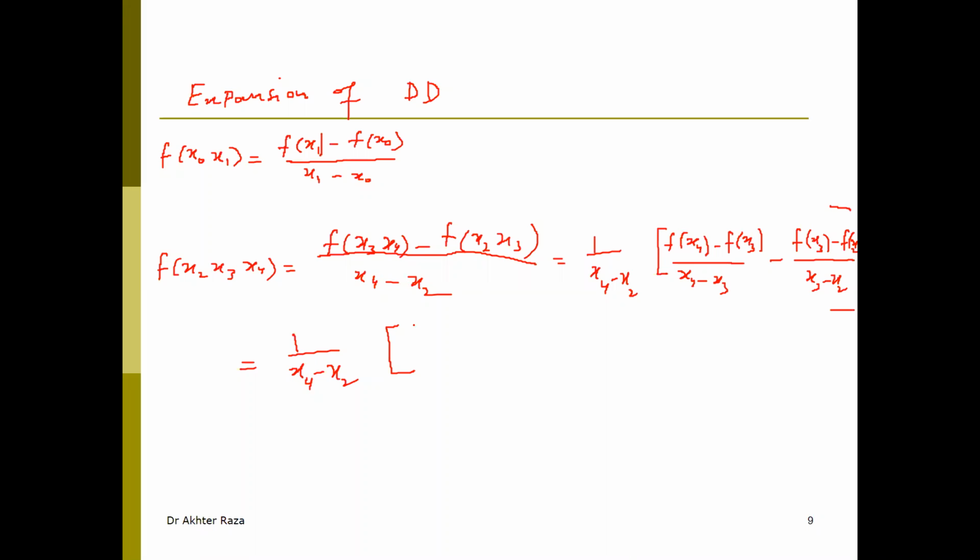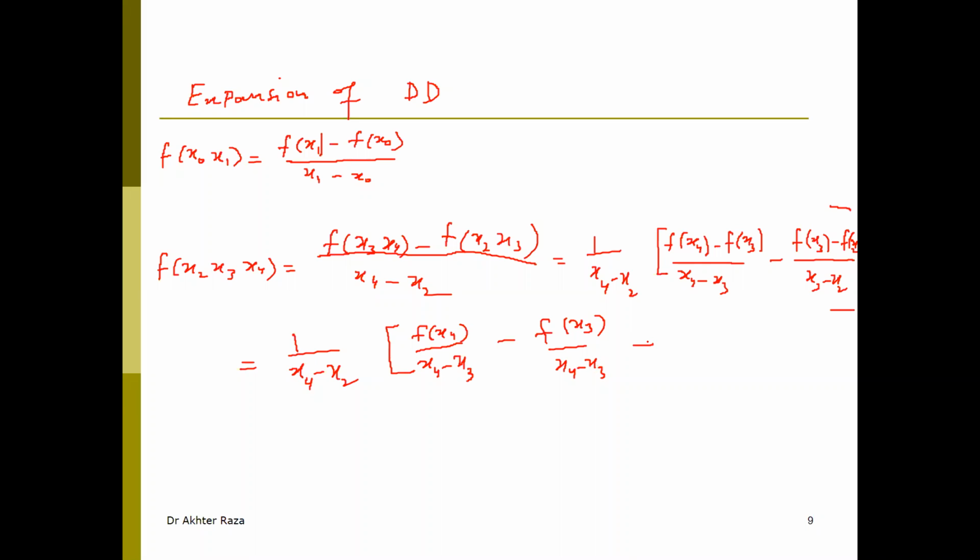f(x4) divided by, instead of taking LCM, I am breaking it, minus f(x3) divided by x4 minus x3.